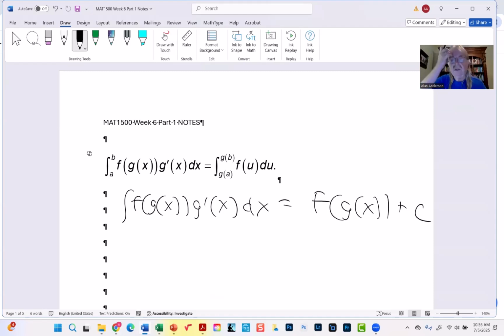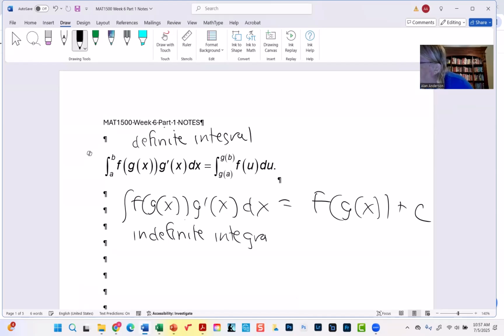But now all of a sudden, we're looking for a specific numerical value, which means we're calculating a definite integral as opposed to an indefinite integral. And so you notice by the way this is written, the limits of integration will be changed to adjust for the fact that now we're integrating with respect to U rather than X. Okay, so that's really the big change. So let's see how this works.